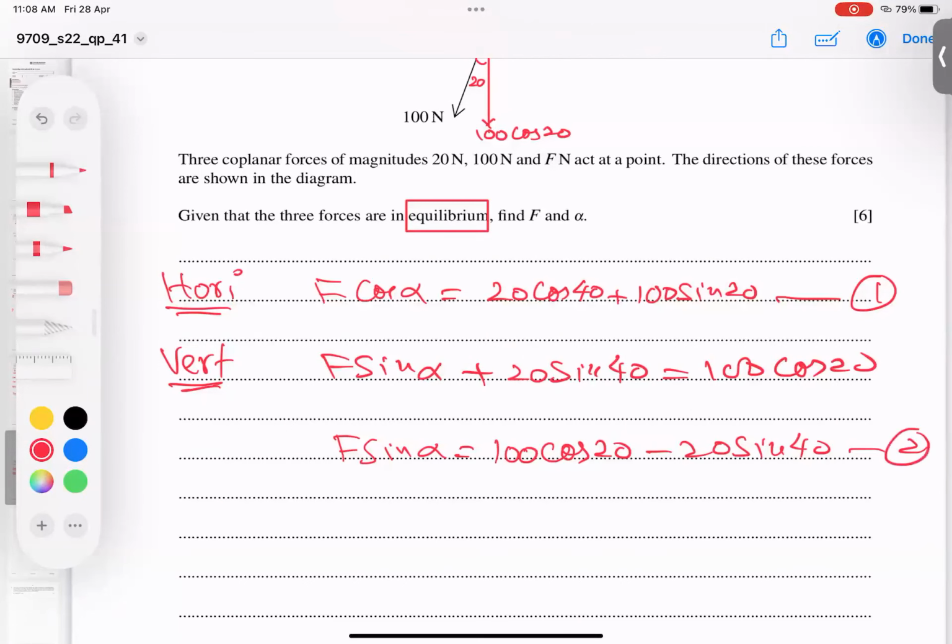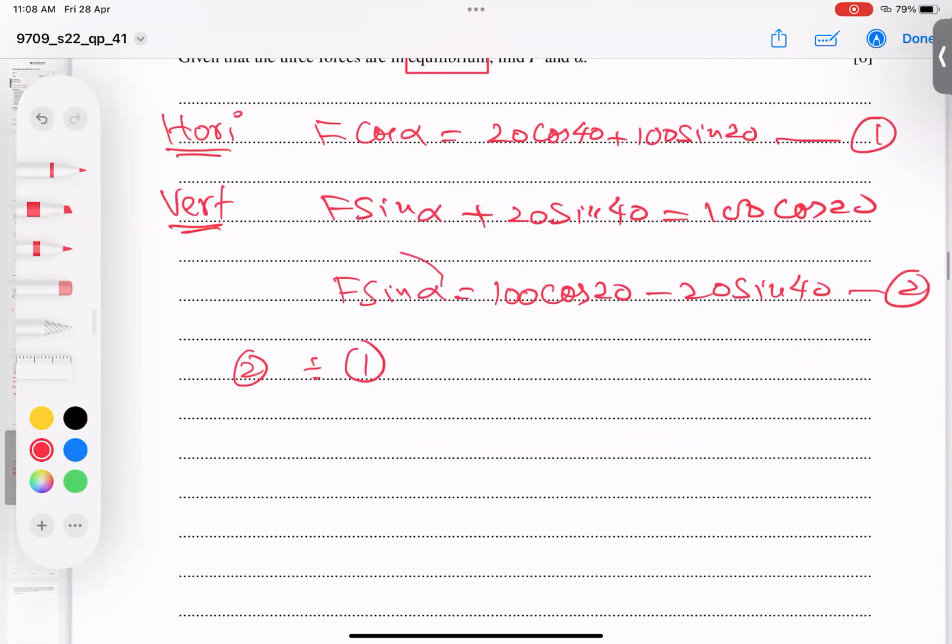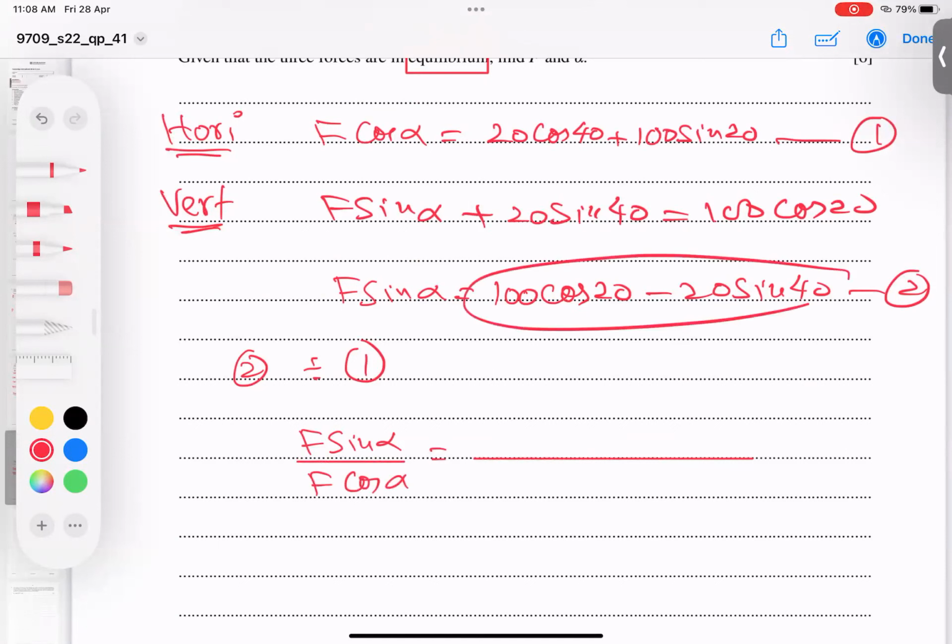I know that tan is sine over cos. So divide the second equation by the first equation. When I keep this up and this down, it will look like this. On the right side, this will go up and this will go down.